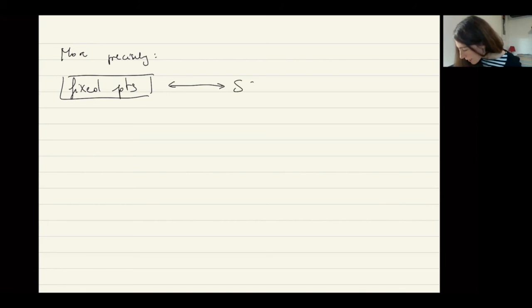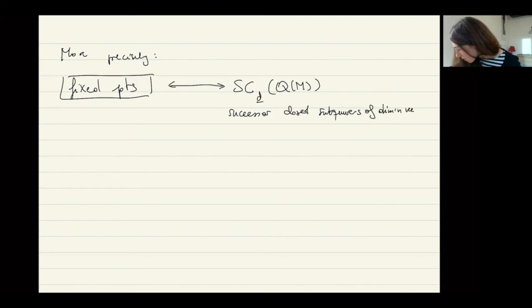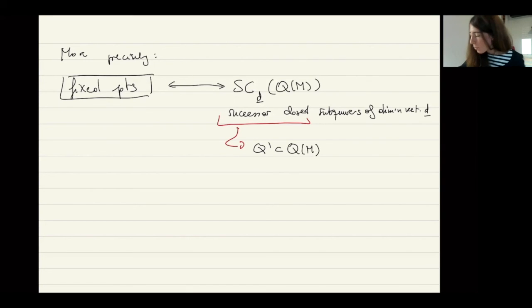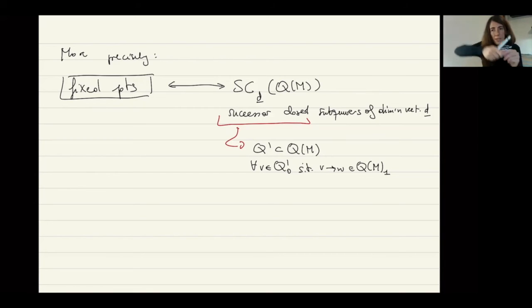These are what are called successor closed subquivers of the coefficient quiver QM of dimension vector D. Successor closed just means that we have subquivers, so subgraphs, which have the property that, writing Q prime 0 for the vertex set, whenever you have an edge in the coefficient quiver, QM1, the set of edges, you also need to have the other vertex.